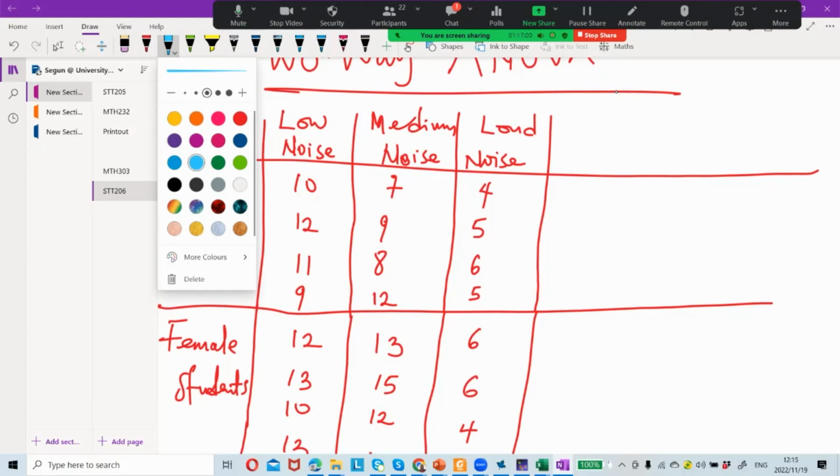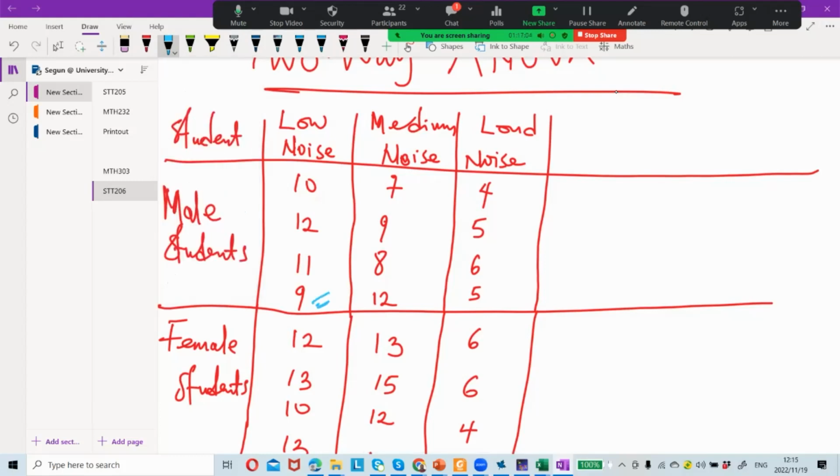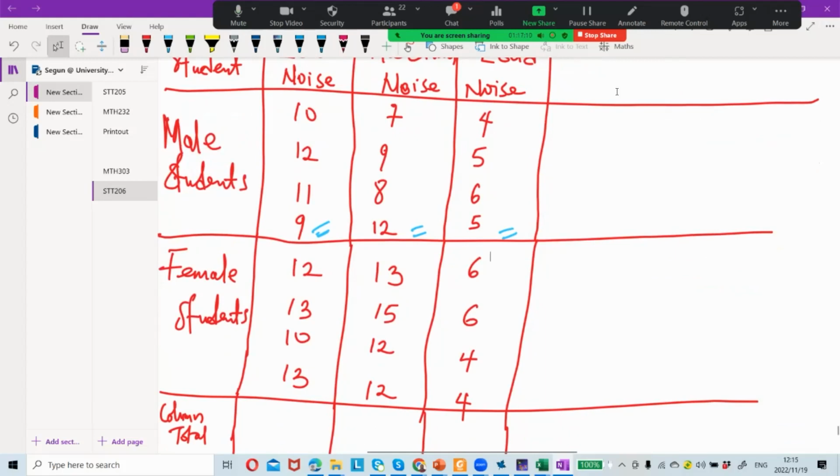Let me just, somebody should add this together. What's the value for this one? What is the value for this? What's the value for this? The total. Then what's the total for this and the total for everything here? So let's have that one first.